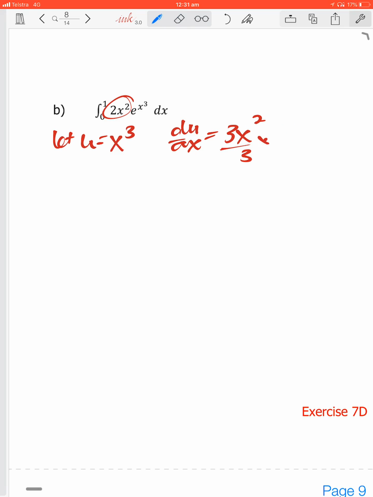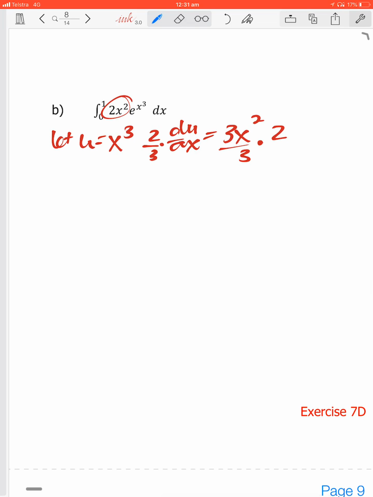It's going to get confusing, I'm going to put a dot for times. So here, I've got 2/3. If I multiply it by 2/3, this will just be 2x squared, which is what we want here. So I'm going to replace 2x squared with 2/3 du dx, and e to the u.